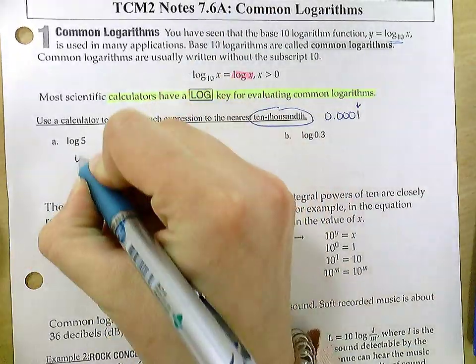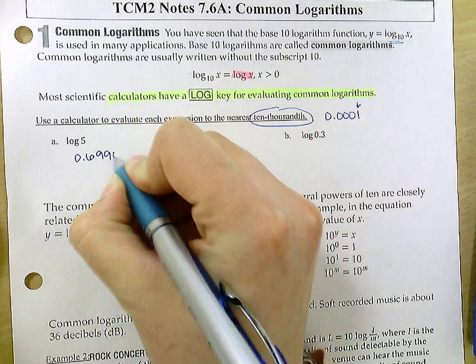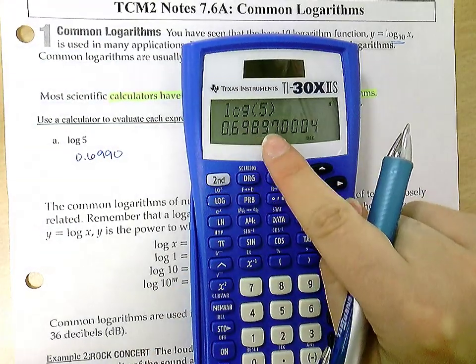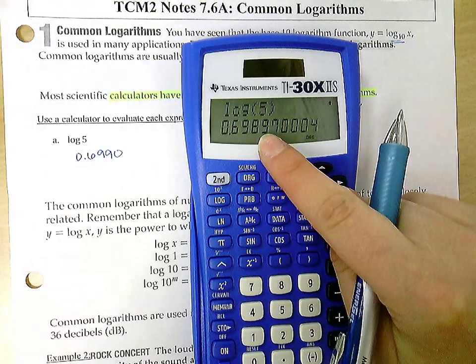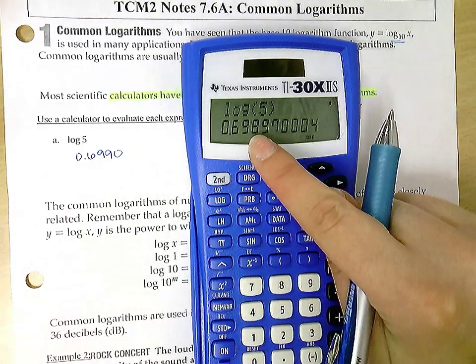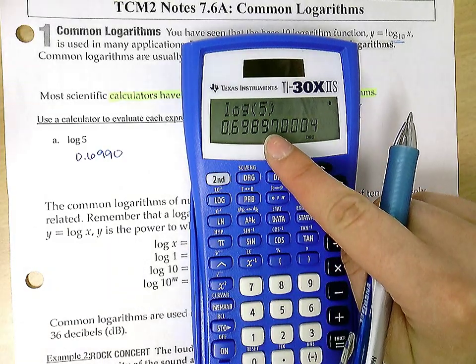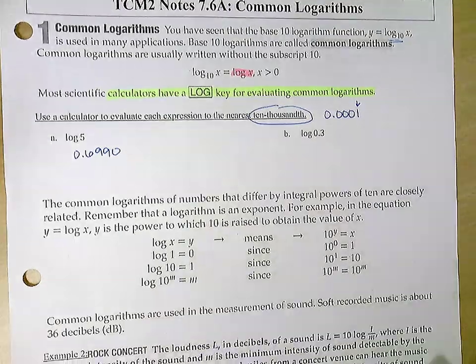This one would be 0.6990, because we have 8, 9, and then a 7. That 7 rounds this one up, making that one 10, so this one turns to 9 and that one turns to a 0. That is your 10,000th place value.